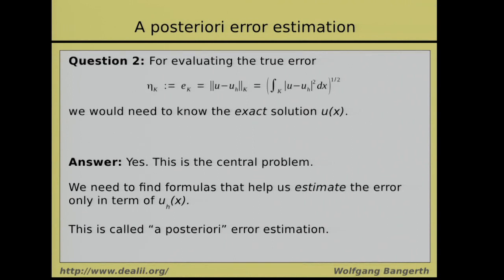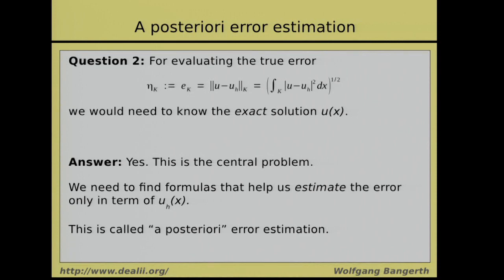Okay, so with this question out of the way, let us come back to the question of how you could evaluate the true error. So if we really wanted to do my refinement indicators based on the true error, so some kind of norm between the exact and the discrete solution on cell K, for example, then clearly I need to know what the exact solution is, or at least that's what one would naively expect.